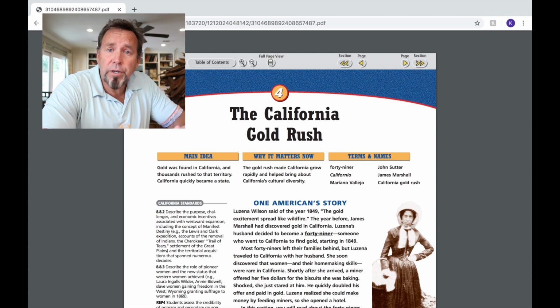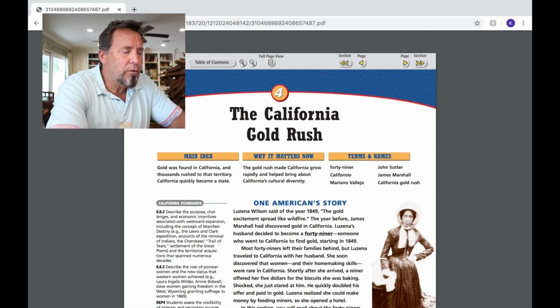But by the 1840s, photography had become a new art form. And so as we continue on for the school year studying some of these things, we'll be not only relying on drawings and paintings that were made at the time, we'll actually be able to see some actual photographs of some of the history that we're talking about. And that helps to make it a little bit more interesting.